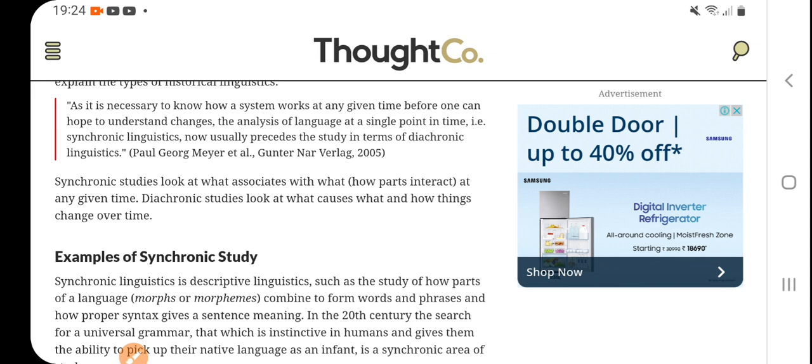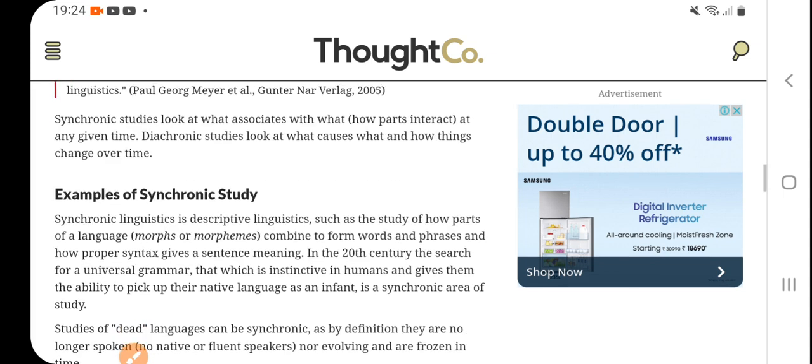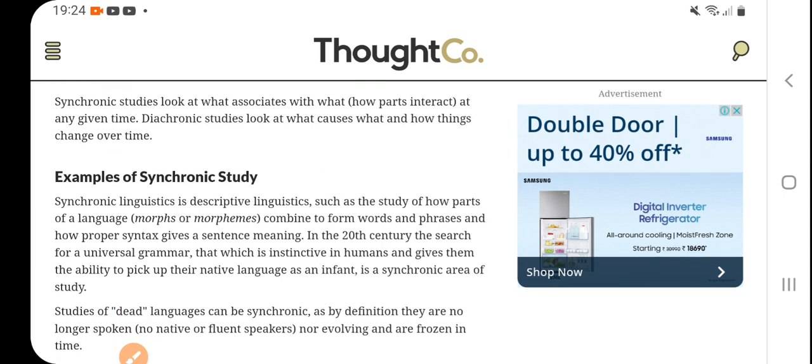Synchronic studies look at what associates with what, how parts interact at any given time. Diachronic studies look at what causes what and how things change over time.